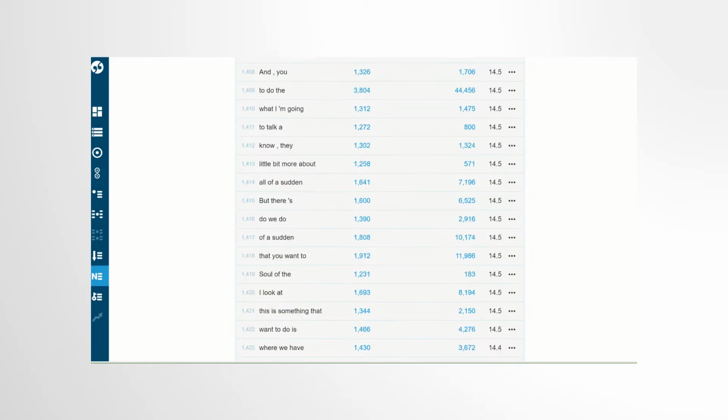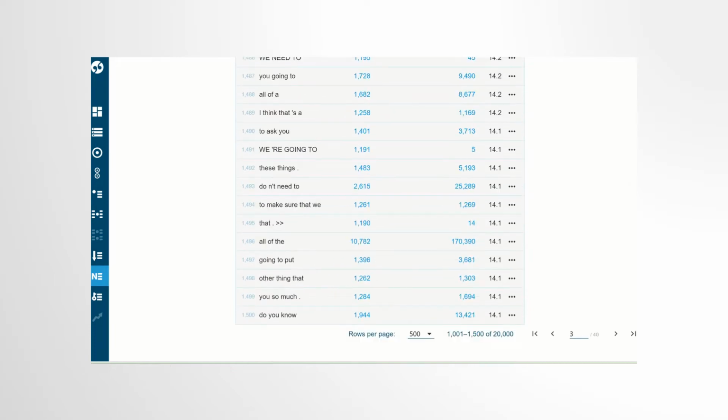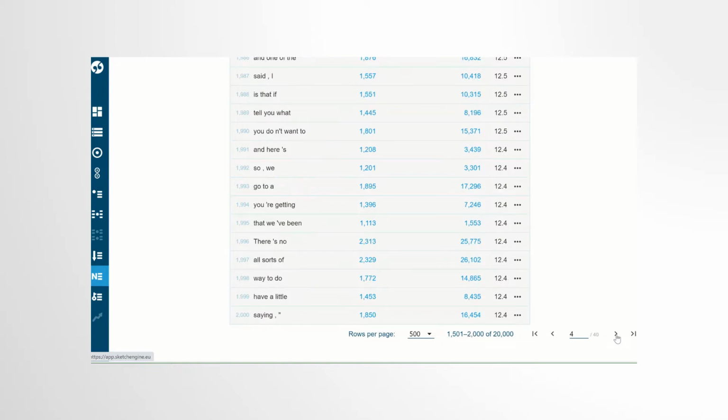Let's see if we can find more, but most of this looks to me as if it might also occur in everyday conversation. So you can see at the highest frequency levels, a lot of material in this corpus is shared with everyday conversation, and spoken academic English is very much like everyday conversation.